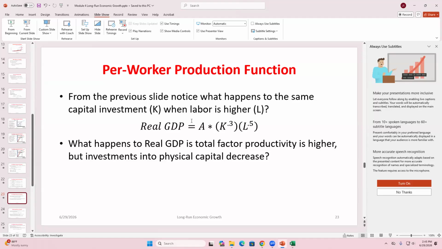Okay. So when I'm thinking about this, I'll try to use the whiteboard. I might just draw this out, but we'll see if I can get this whiteboard to be a little bit better. So here I've got my function. So I'm thinking about GDP is equal to this total factor productivity.